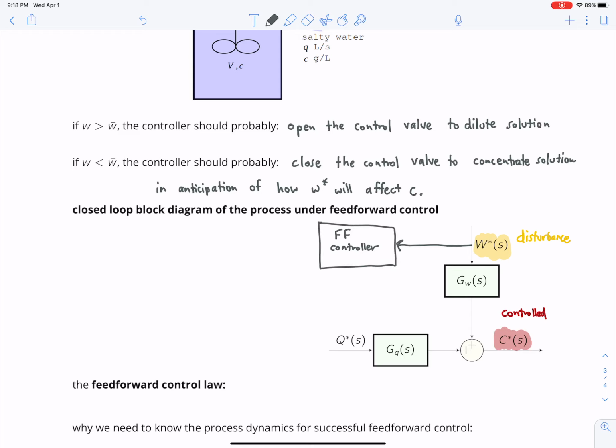So measurement of the disturbance is fed to the feed-forward controller, as well as the set point. And then the feed-forward controller tells the manipulated variable what to do. So this is the manipulated variable.